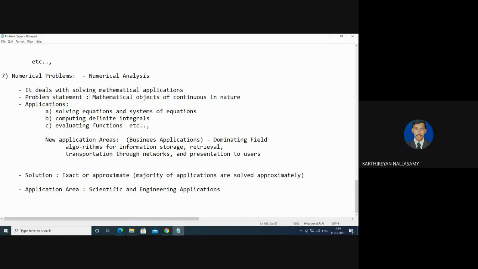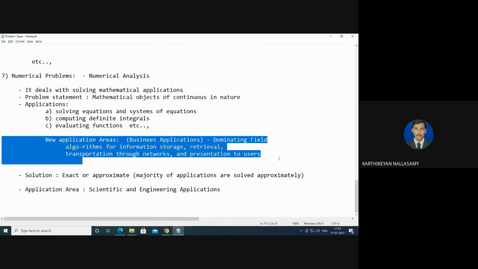In business applications, we are going to provide efficient algorithms for information retrieval, effective storage on cloud platforms, and transportation of much information with less bandwidth. We are also going to make presentations to the user in an effective manner. These are some of the major business application areas.